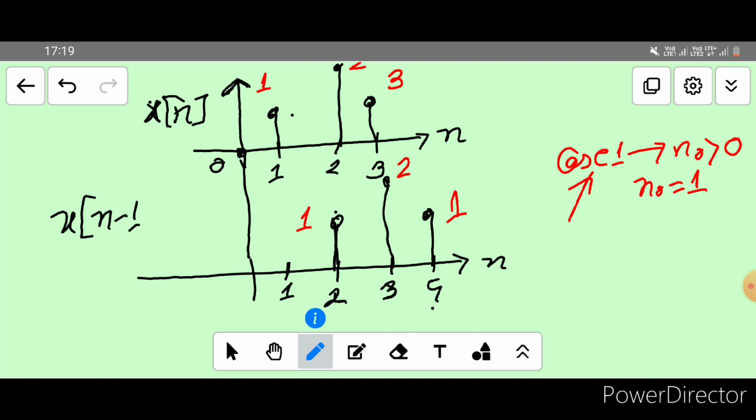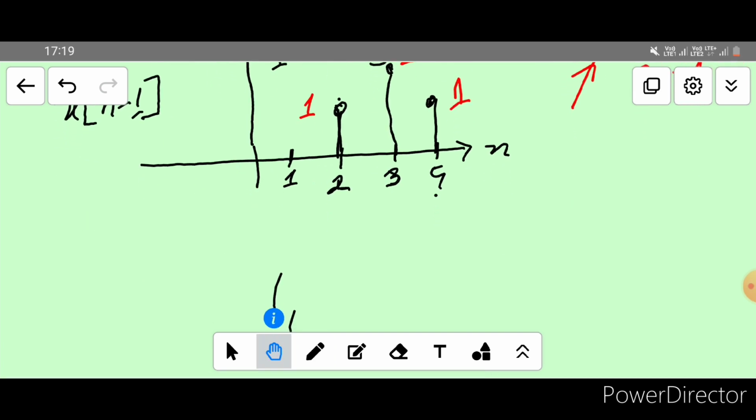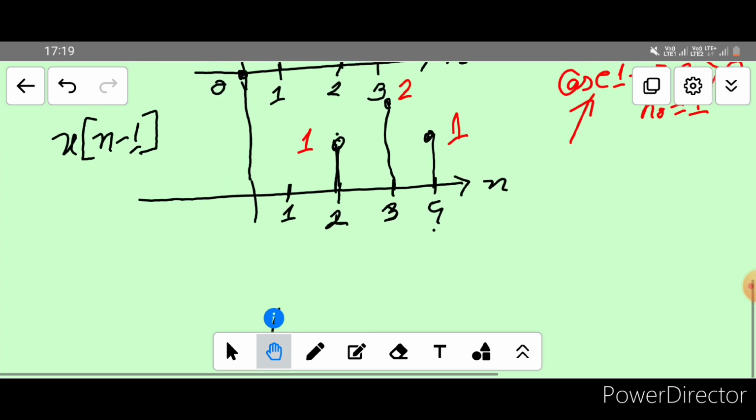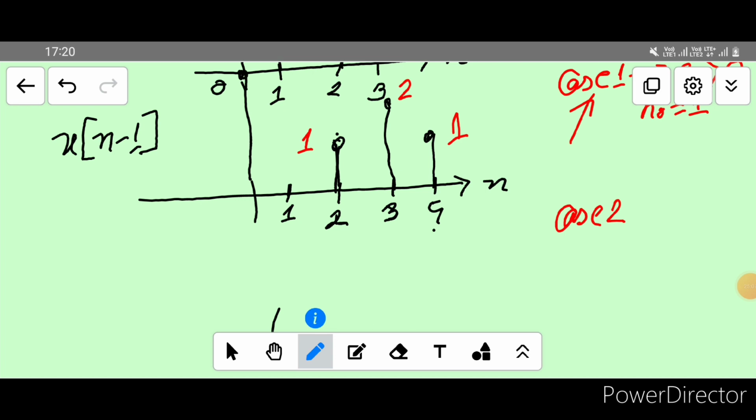Yes. So now suppose we take case 2, when n naught is less than 0. Suppose n naught is equal to -1.